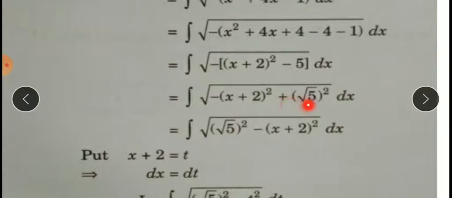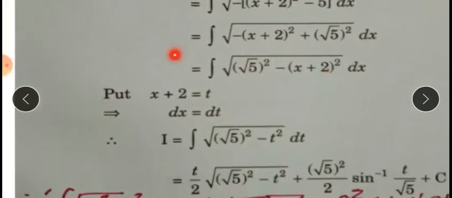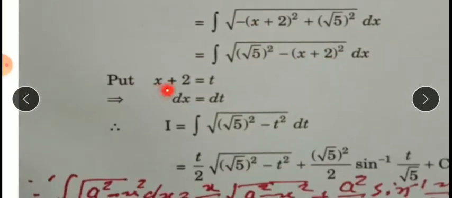Root 5 can be written as root 5 whole square. Now this is the positive part, root 5 whole square, this is the negative term. Again put x plus 2 is equal to t, dx is equal to dt.